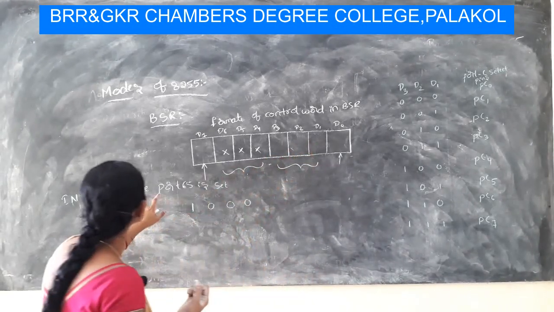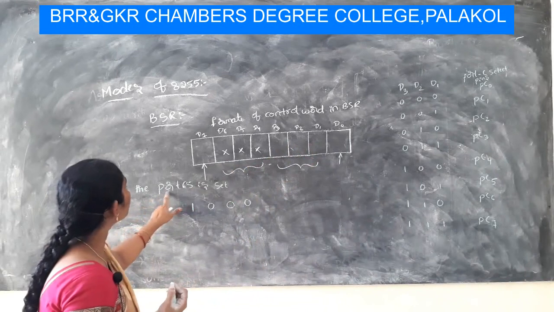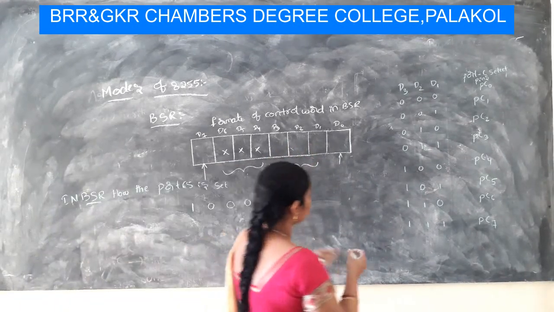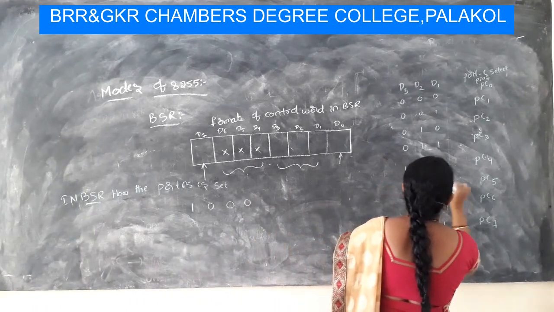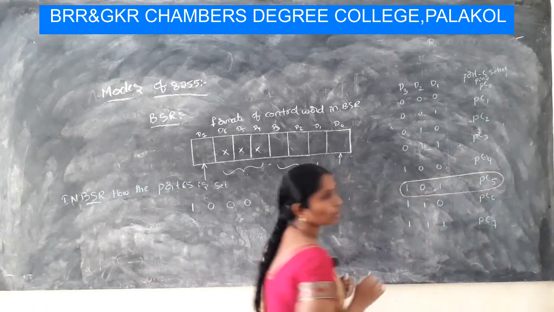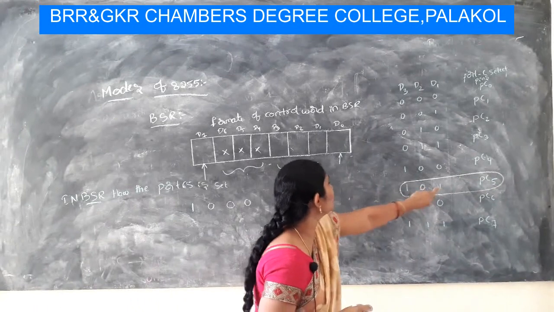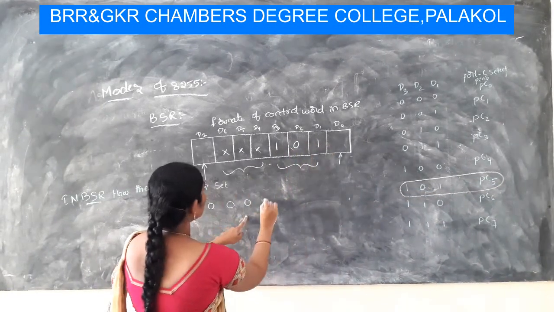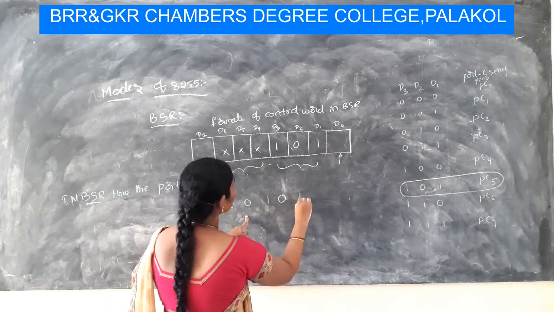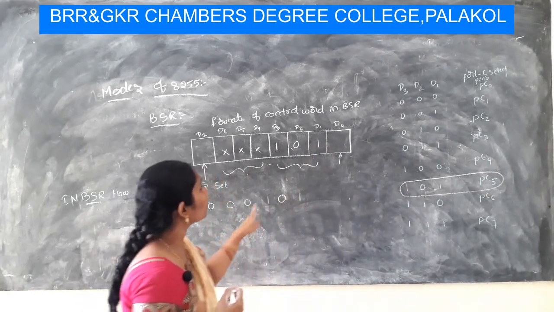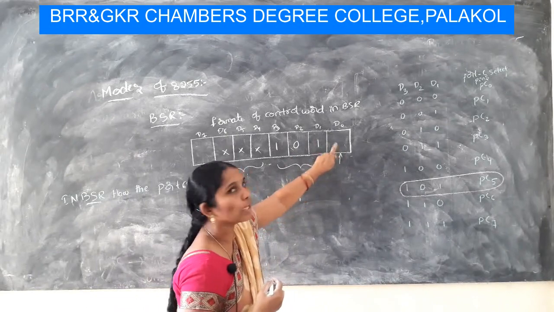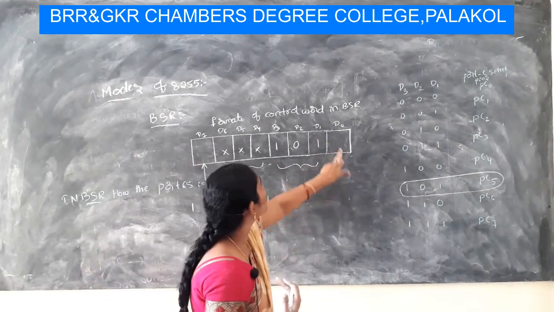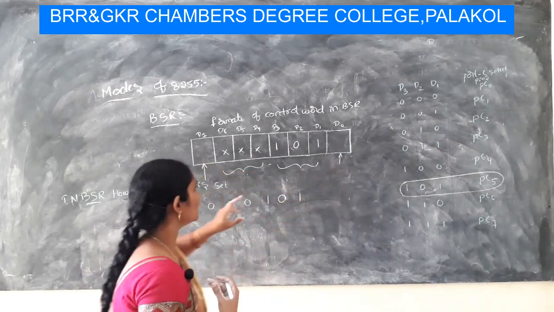The question is to select port C bit 5. So the port C select value is 1, 0, 1. After that, D0 is the set or reset bit.